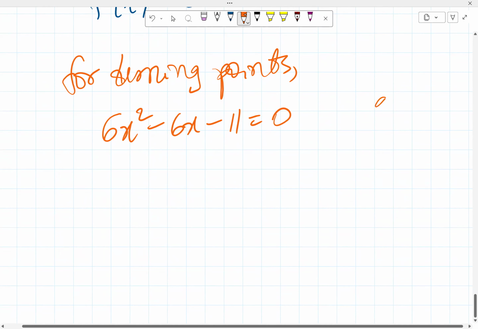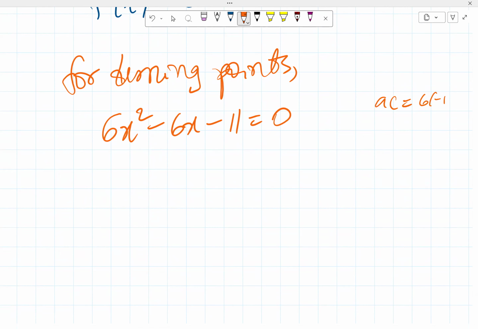So using the AC method, 6 times minus 11 is minus 66. So we need two numbers m and n such that mn equals minus 66, and the same m plus n equals minus 6.